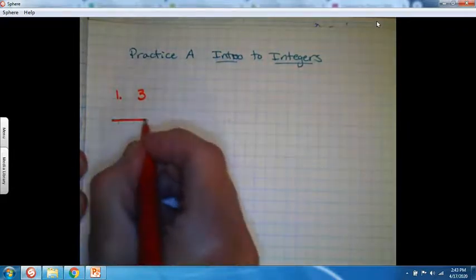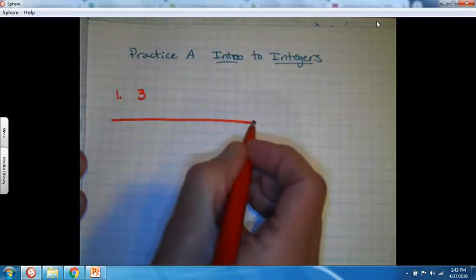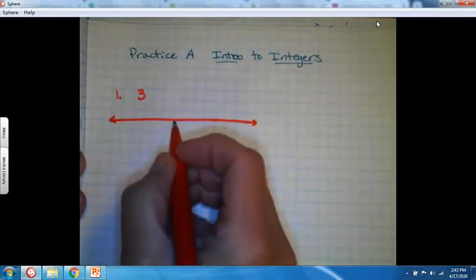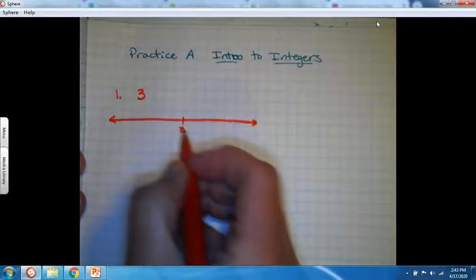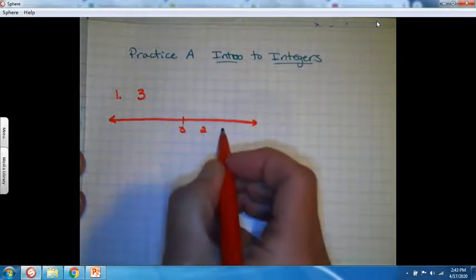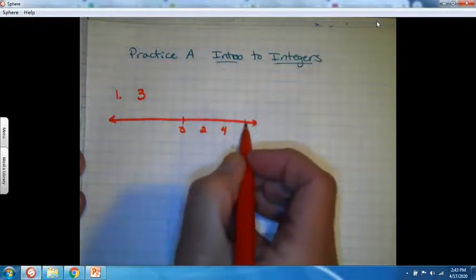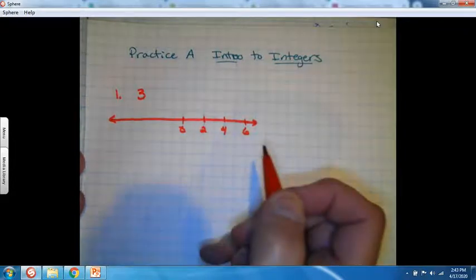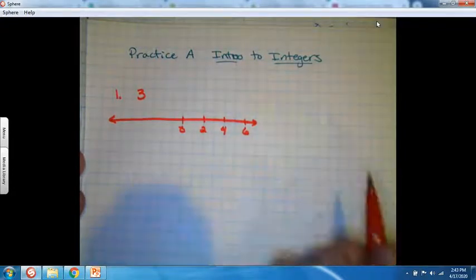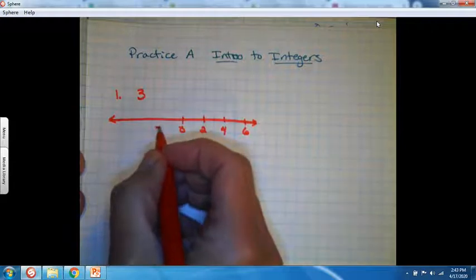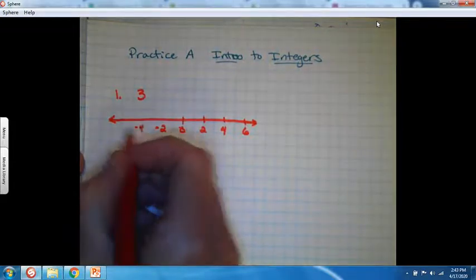So we draw the number line, and we put a 0, and a 2, 4, and 6, and then this is -2, -4, -6.